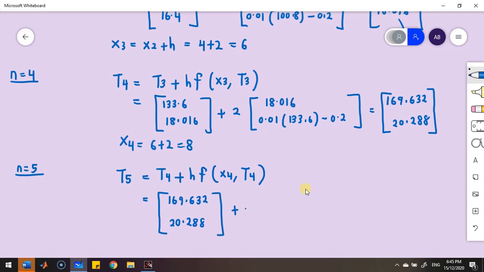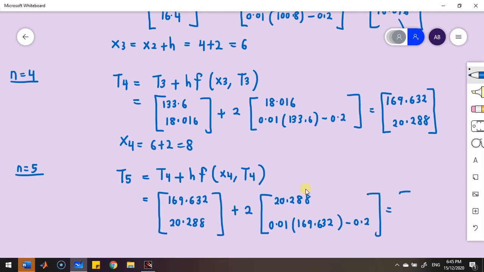Okay, plus 2, and the function z, which is 20.288, and then my other function will be 0.01 t, 169.632, minus 0.2.